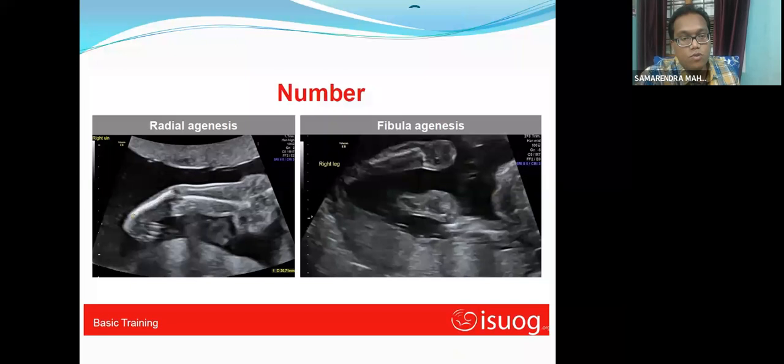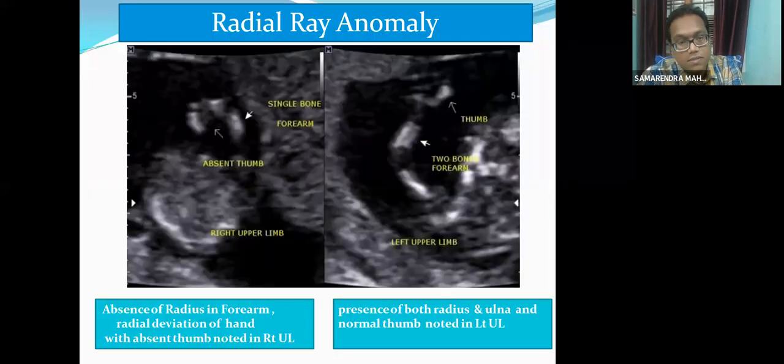So coming to the number of the bones, the left image shows radial agenesis and the right one is fibular agenesis. This is a case of radial ray abnormality. In the left image, the right upper limb is shown and the humerus is partly seen, but the middle segment is a single bone and the hand is deviated.